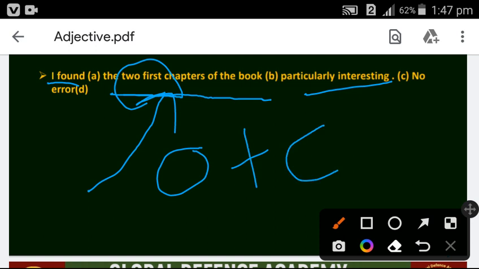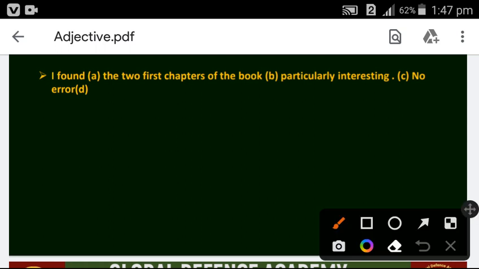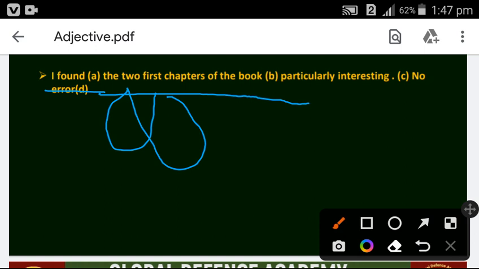But here it is first cardinal and second ordinal. So in order to correct this sentence, we have to exchange these words. Then first takes the position of 2 and 2 takes the position of first. My corrected sentence is: I found the first two chapters of the book particularly interesting, and this is going to be right.